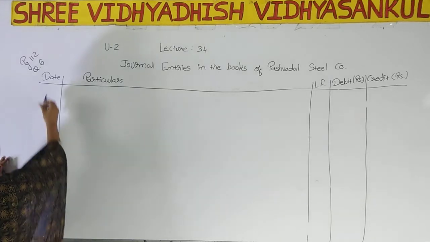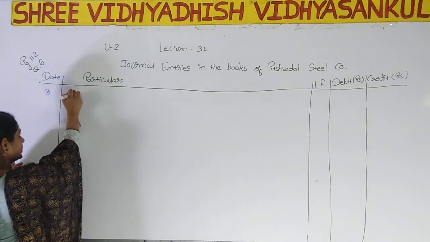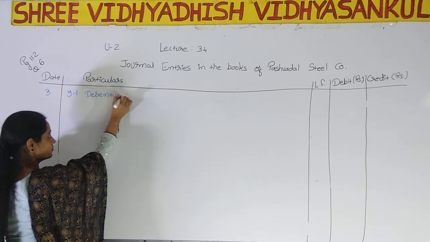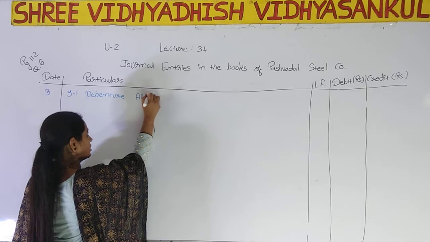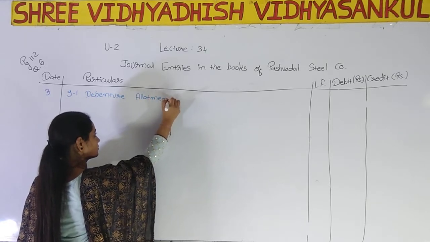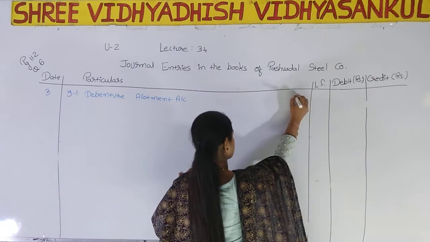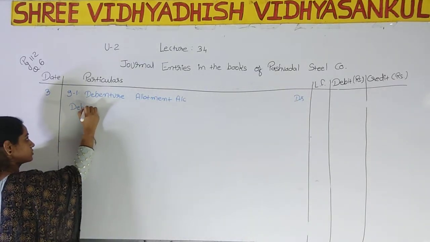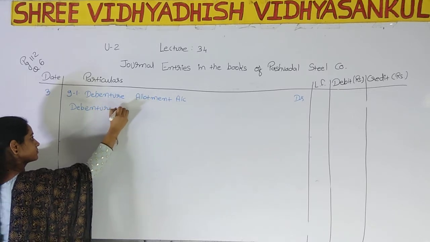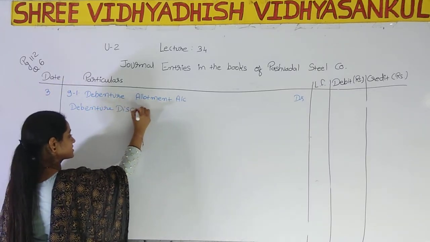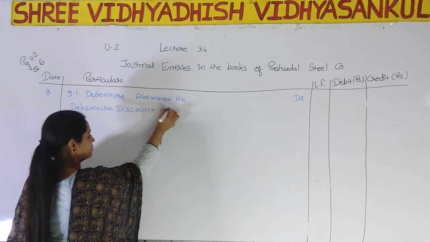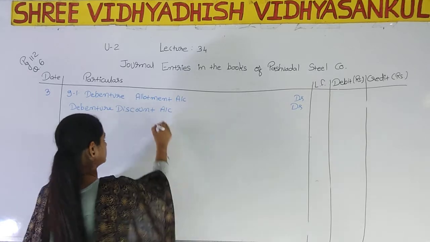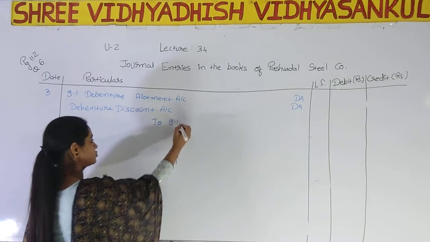Next one will be for demand. So the entry will be 9% debenture allotment account debit, then we have to debit debenture discount account. Discount means the amount reduces, so its account is debited. Premium increases the amount, so its account is credited. To 9% debenture account.